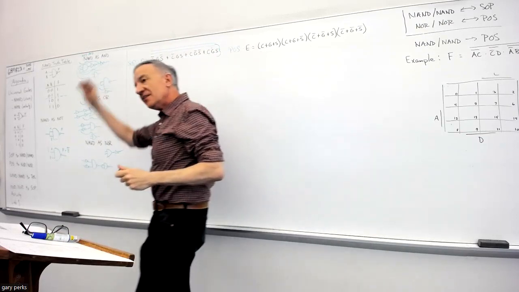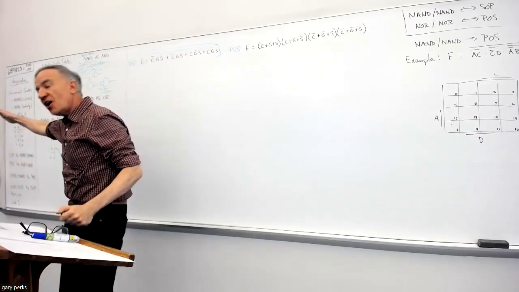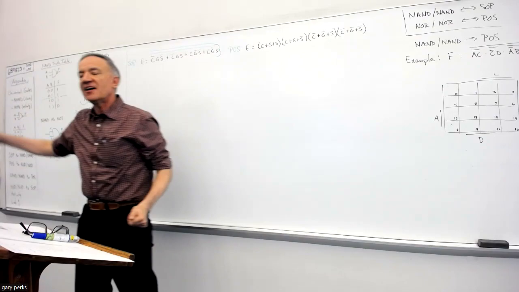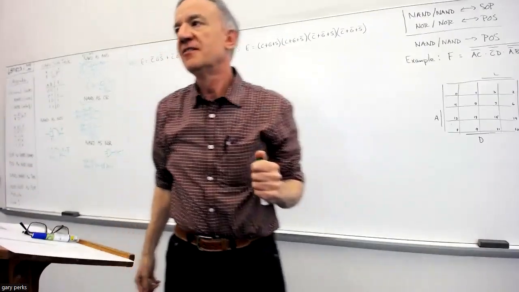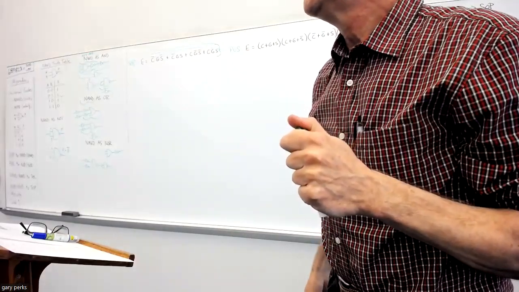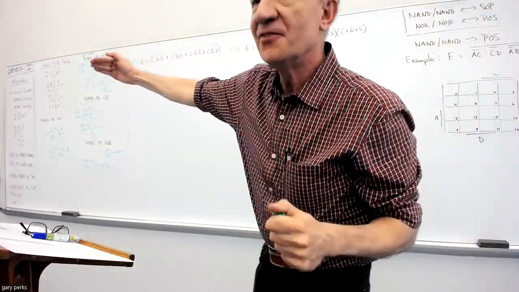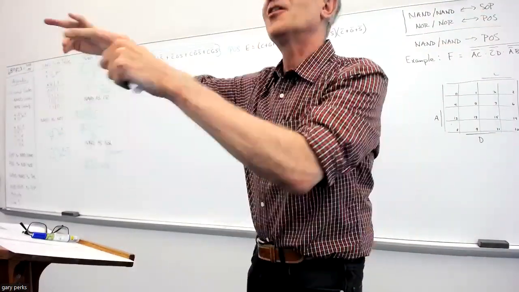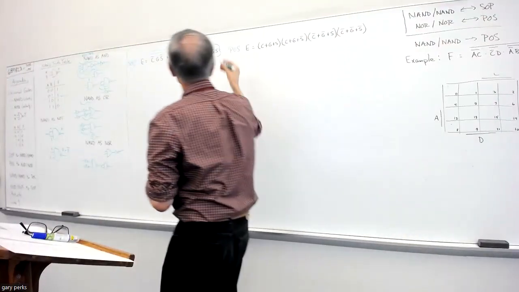If you're ORing multiple things and then NOTing the whole thing, what kind of gate is that? Yeah, that would be a NOR.